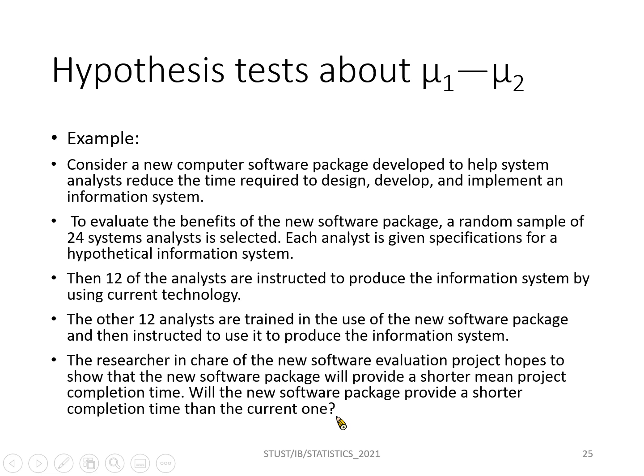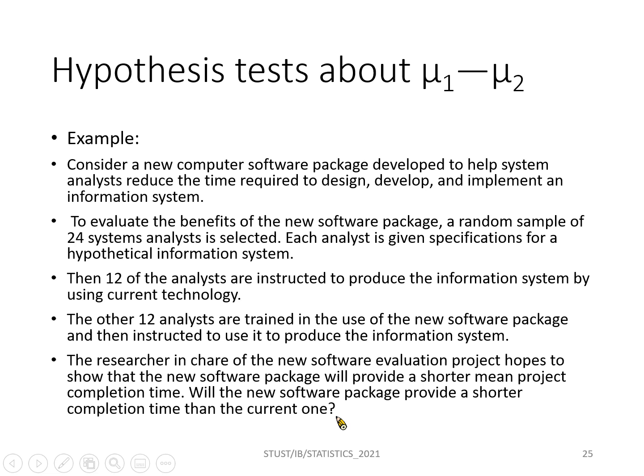First they use 12 analysts with the current technology, and the other group of 12 analysts are trained using the new software. Then the researcher evaluates which group will provide a shorter completion time.